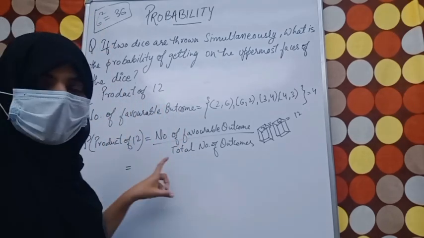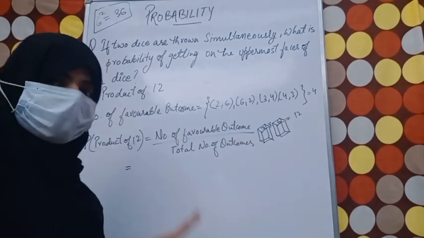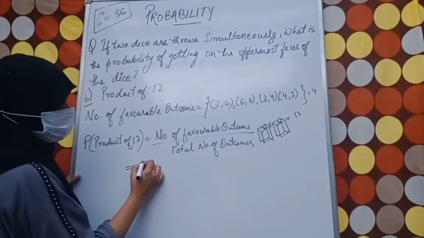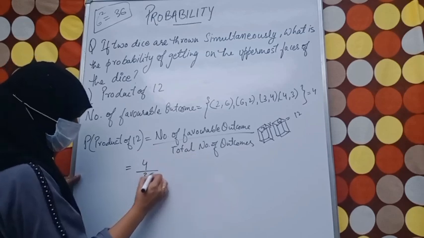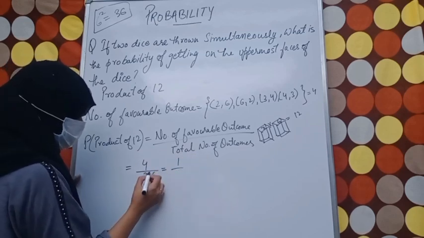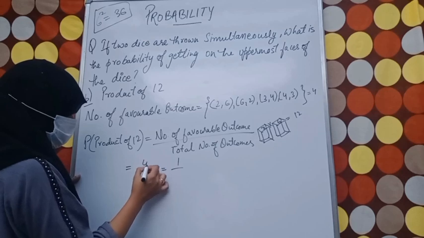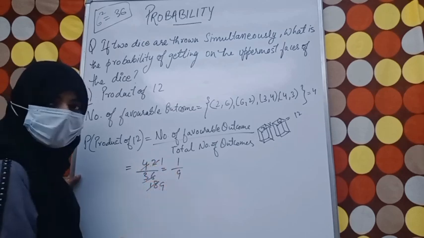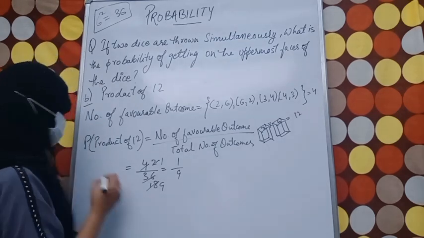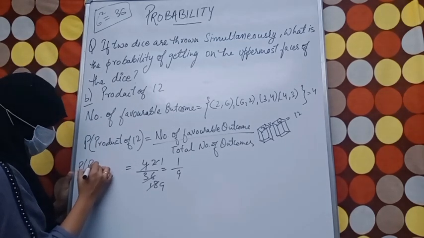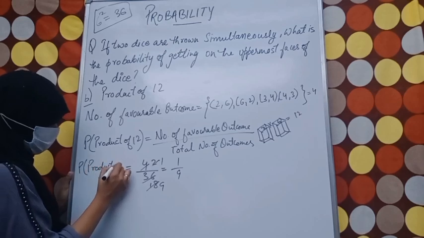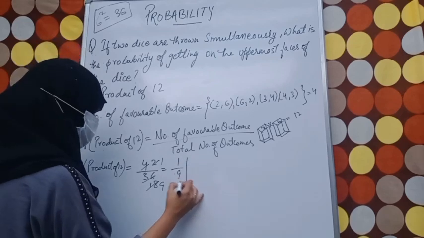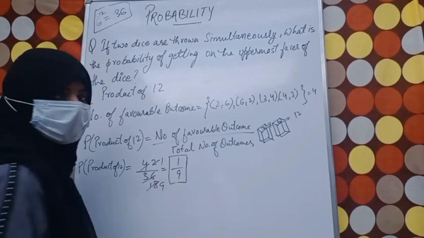That's enough. But what you have to show is the number of favorable outcomes, these are the pairs. So the pairs were 4 in number. Total number of outcomes is 36. 4 upon 36 is 1 upon 9. So the probability of a product of 12 is 1 upon 9. Here is your answer.